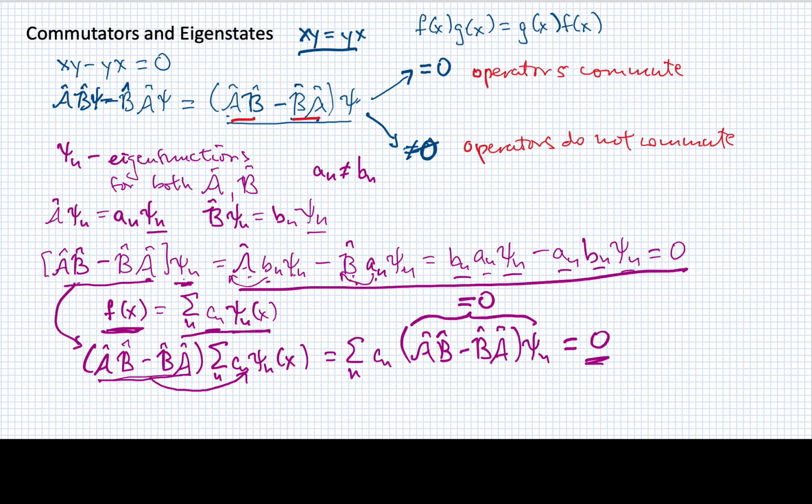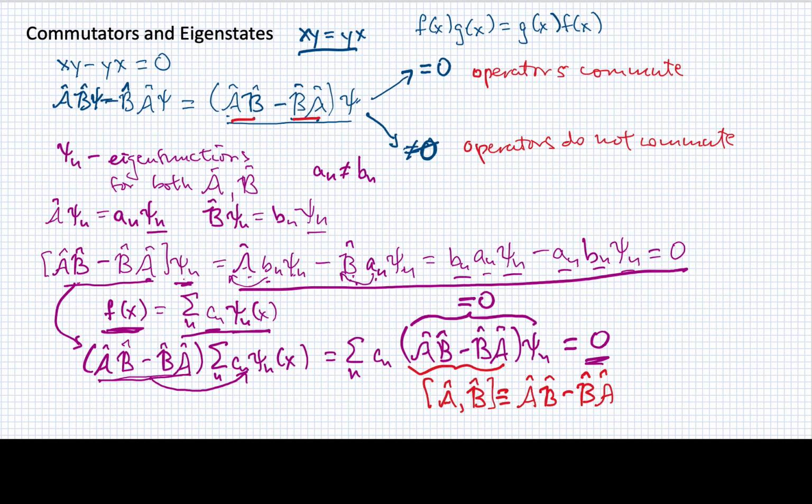Well, there's a shorthand way, of course, of writing this down. We take this set of operators and write it in square brackets as [A, B]. This is defined as this combination of operators.